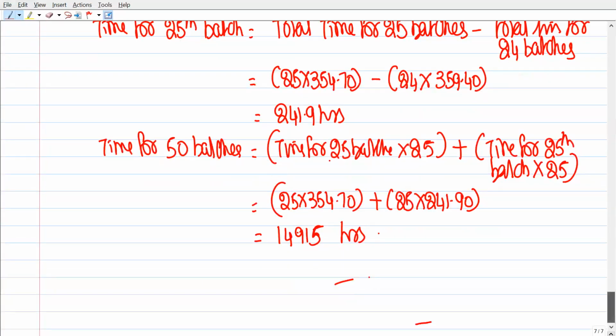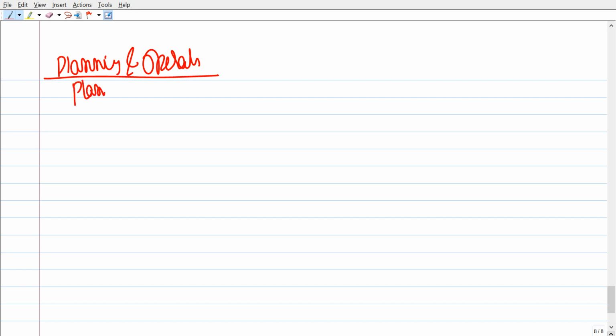Okay, when we are done with planning and operating variance, this is just a revision for planning and operating variance. When we do planning and operating variance, let's assume material. I will have something called planning variance and operating variance.